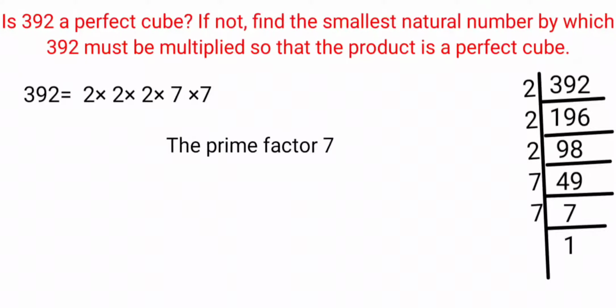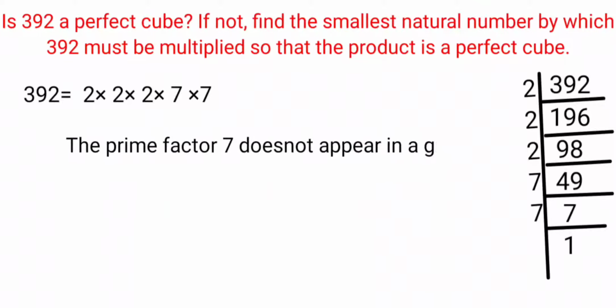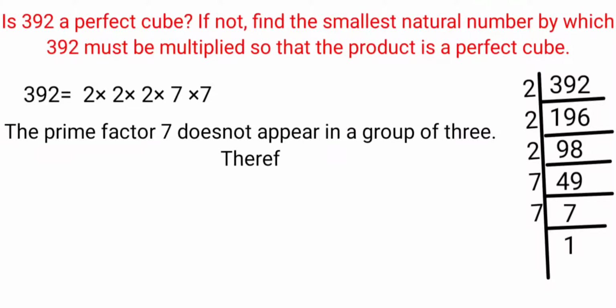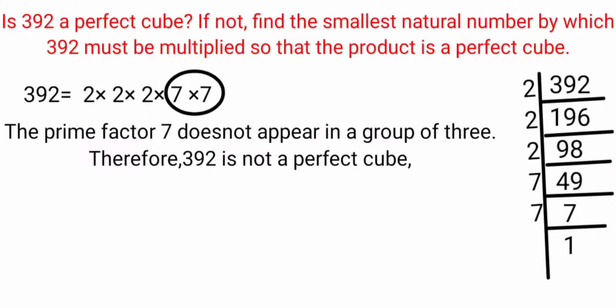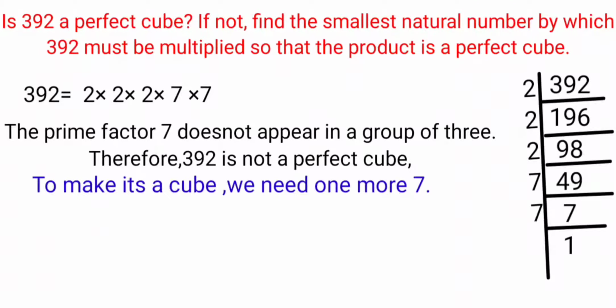These are the prime factors. So the prime factor 7 doesn't appear in a group of 3. So 392 is not a perfect cube. 7 appears only 2 times. So to make it a cube, we need one more 7.